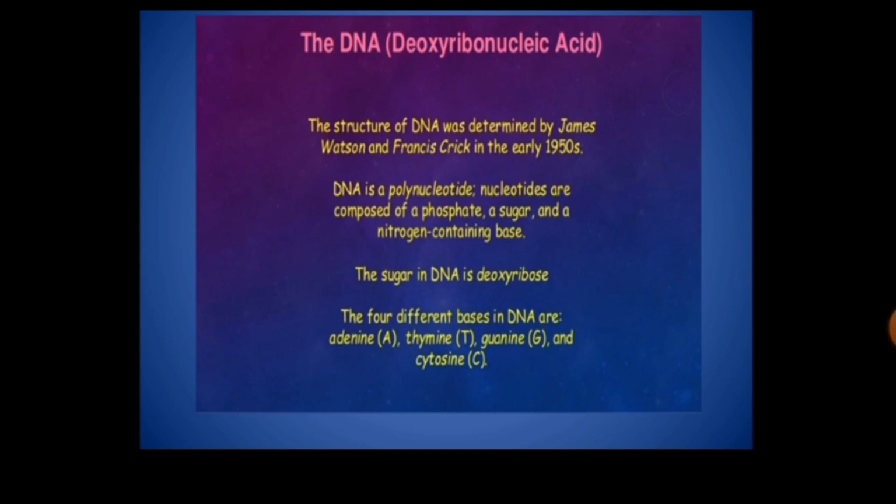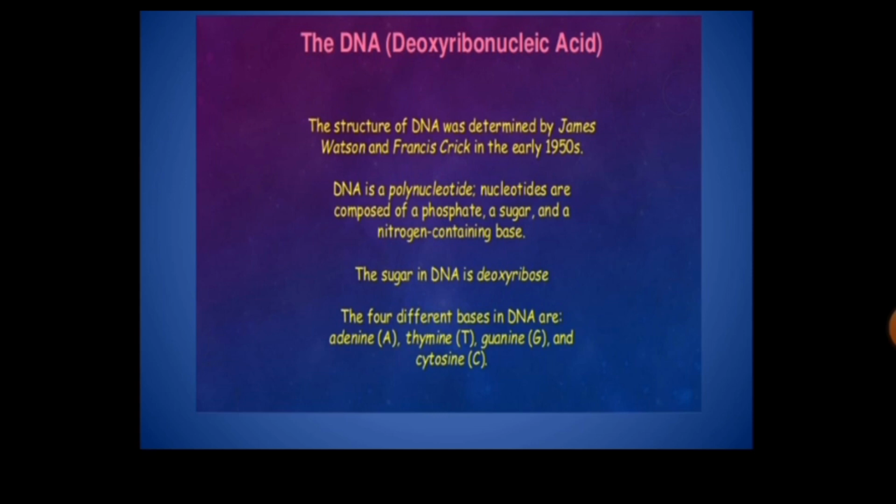In order to understand all these things, it is very important to understand the structure of DNA and RNA appropriately. So for that we will get some knowledge about nucleic acids, like what are nucleic acids. As you all know, nucleic acids are biomolecules.